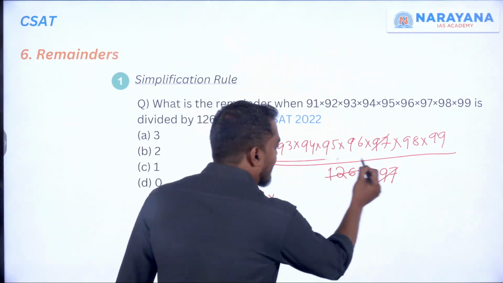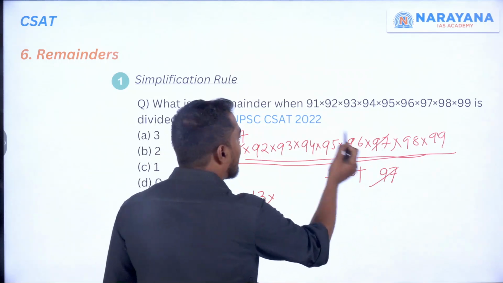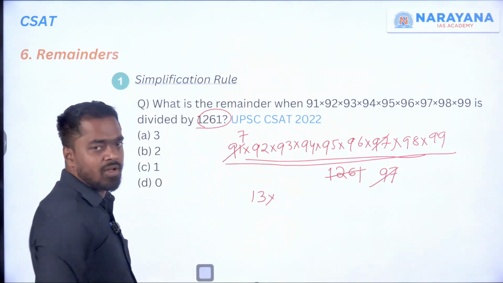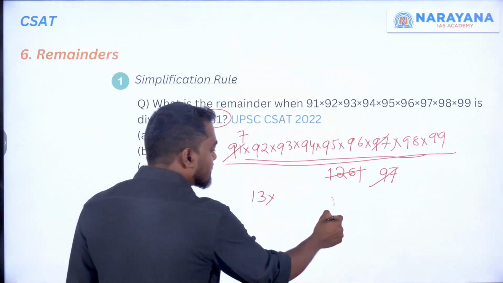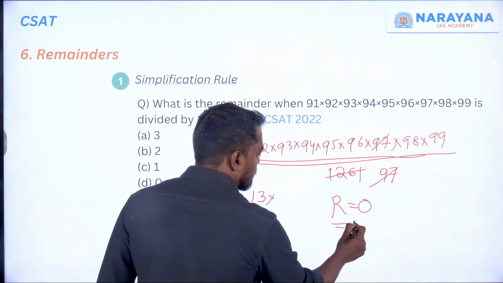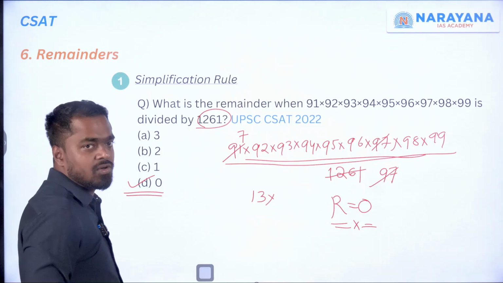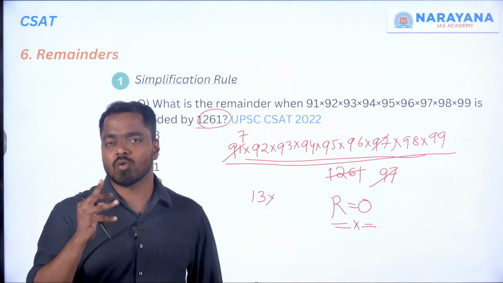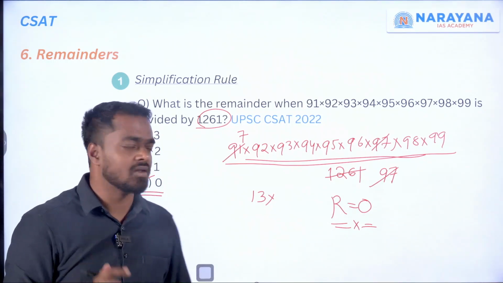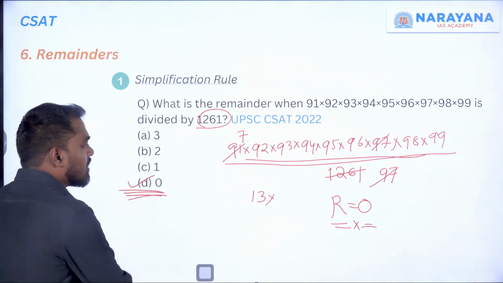So the entire expression is perfectly divisible by the given number 1261. If it is perfectly divisible, what is the remainder? 0. That is your answer. So 2022 and 23, they have asked similar question with the remainder 0 as the answer.